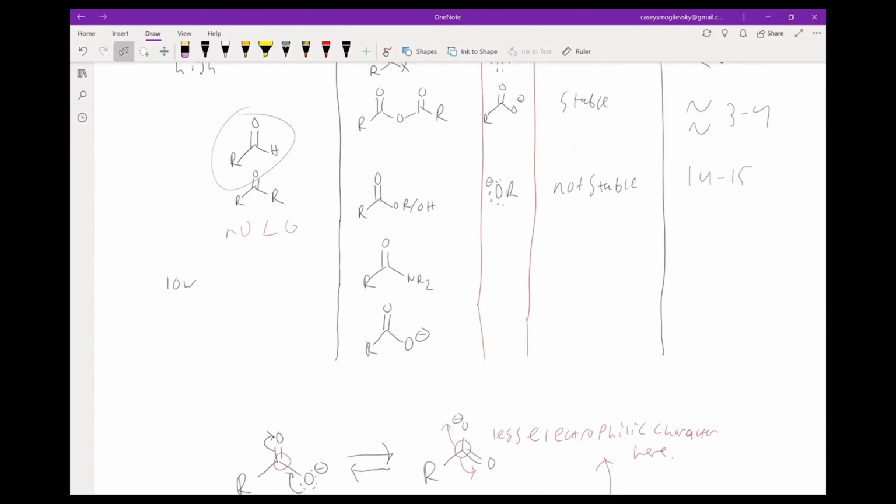Okay, next we have the amide. So this would leave an amide leaving group. Sometimes, this is why they share the name with the amides we talked about before. Very not stable.